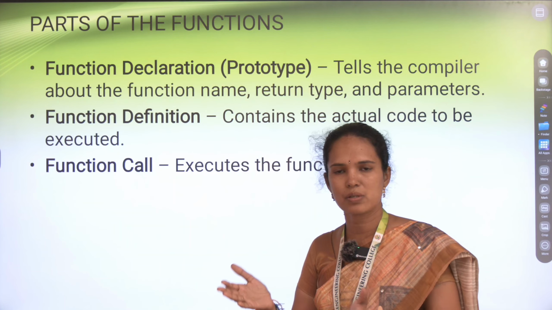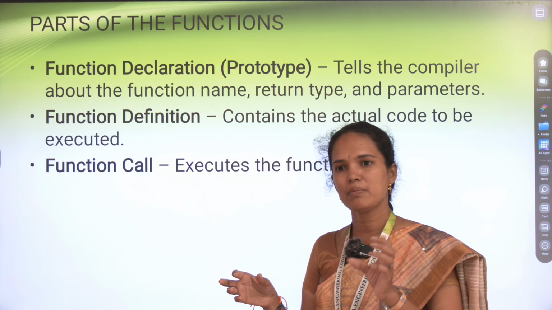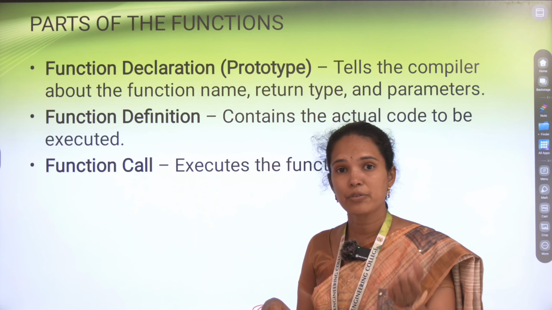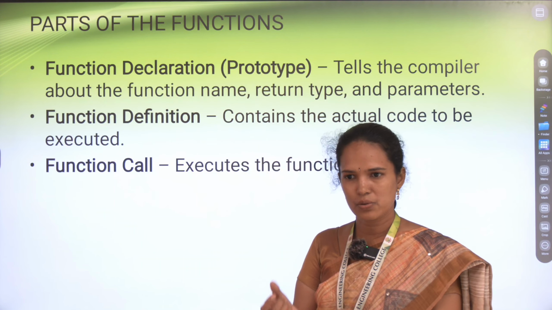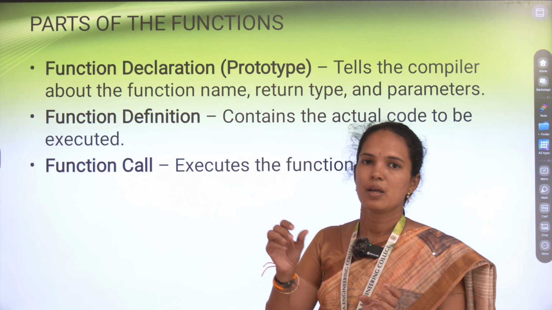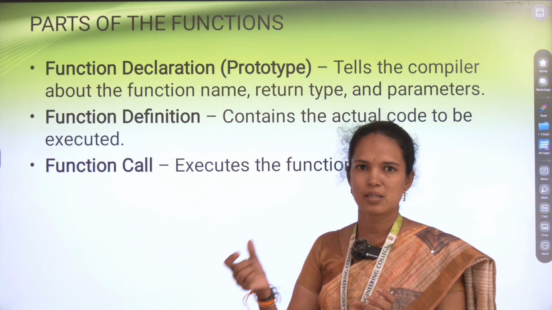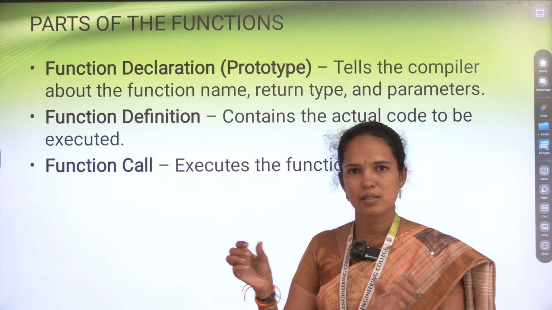For example, in a C program, if you are using some variable, before using that variable, you say what type of variable it is. We use int x, that is, the variable x is an integer type. int a, the variable a is an integer type, or float b, the variable b is a floating type.